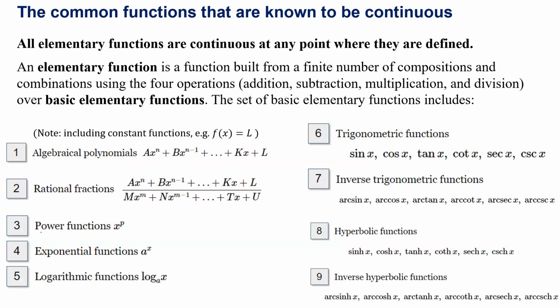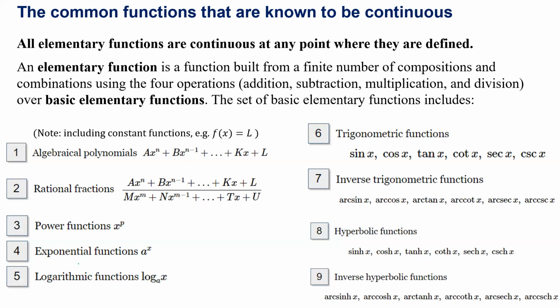Okay, the third typical type of basic elementary function is called the power function, which has a form x to the power of p. The next type of basic elementary functions is called exponential function, with the form of a to the power of x. A is a coefficient. And also, the logarithmic functions such as log base a of x is also a type of basic elementary functions.